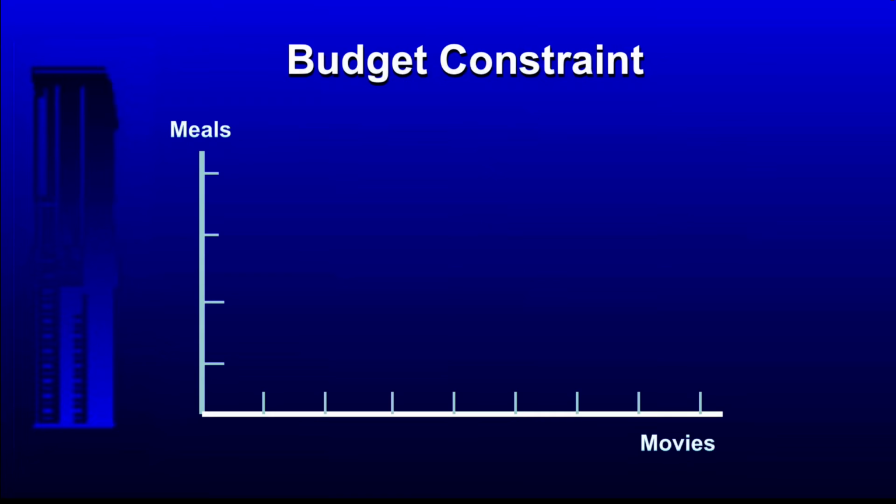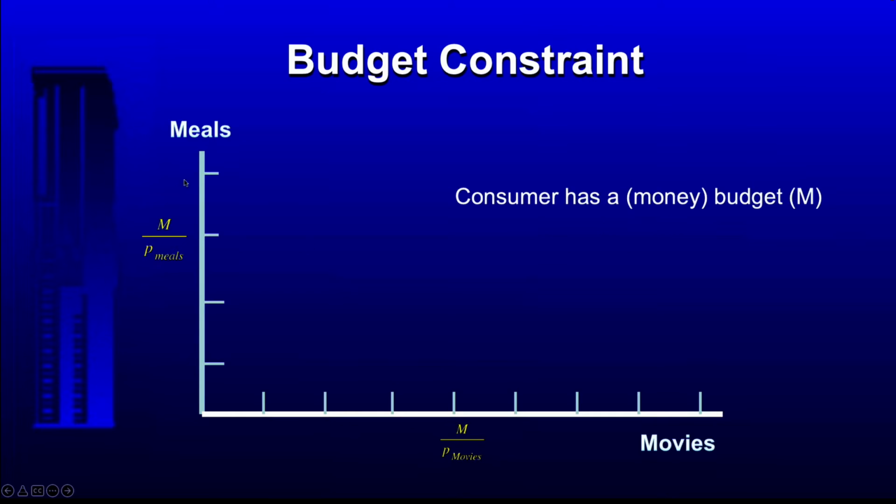Okay, next we're going to talk about the budget constraint, and here we're going to be talking about the amount of money that it would take to buy any different quantity that's in here. So let's say we're starting off with a consumer who has some budget of money that we're going to call M. If we take M and divide that by the price of movies, that's going to give us how many movies he could buy with that quantity M. Same thing for meals.